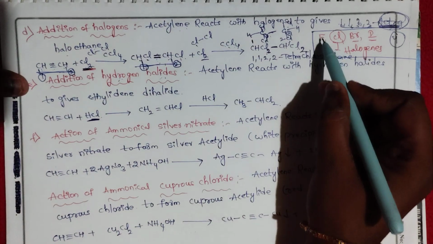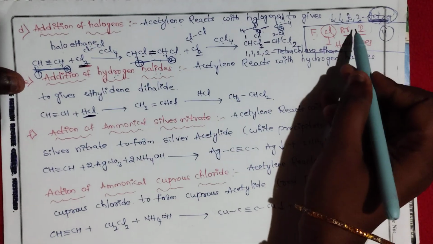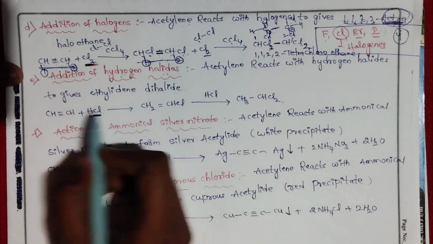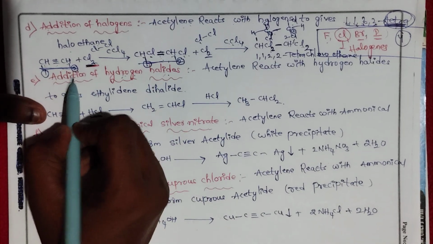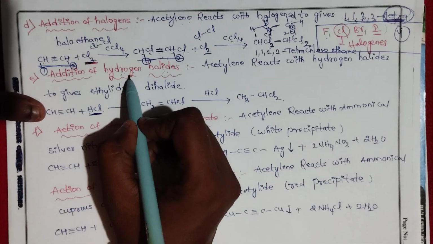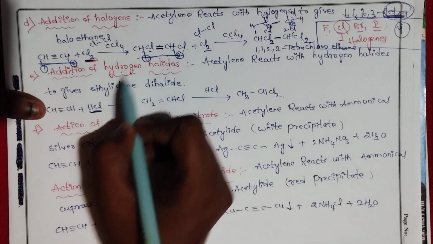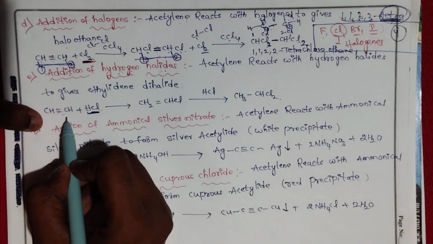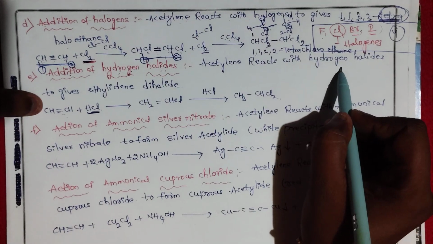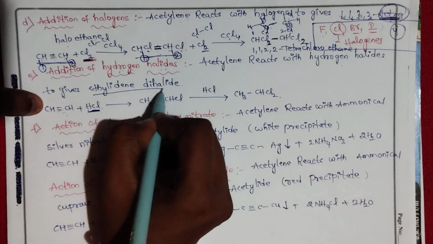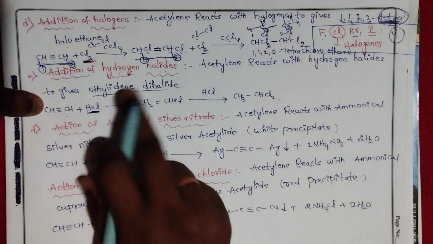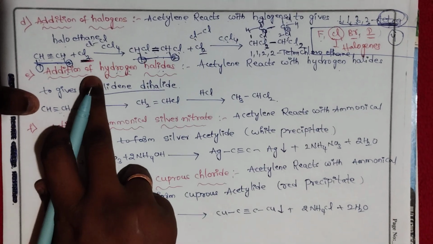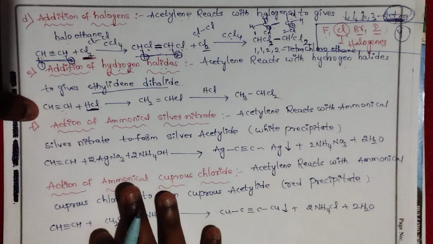Halides are what we get by adding hydrogen to any one of the halogens. The same addition process happens here: when hydrogen halide is added to acetylene, what is the final product? Ethylene dihalide is the final product of the addition of hydrogen halide to acetylene.